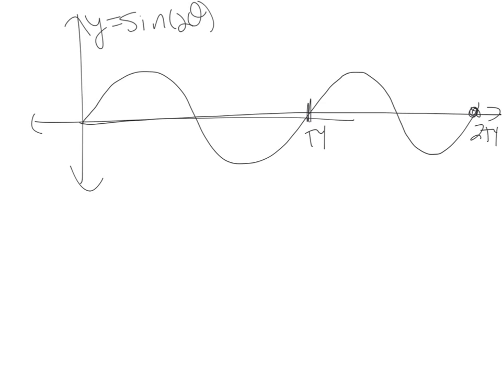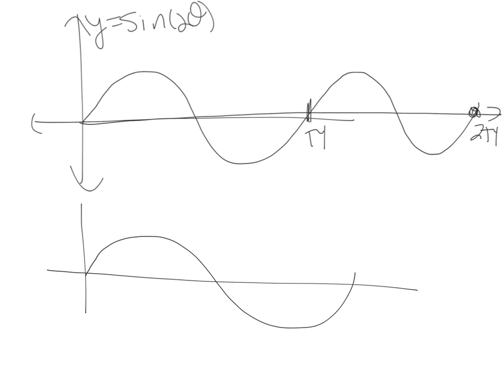With the exception of 1 and -1, we know that the same y values in this graph, sine of 2 theta, happen not twice like sine of theta. So here we would hit, for example, this might be 1/2, so this is 5 pi over 6, 1/2.